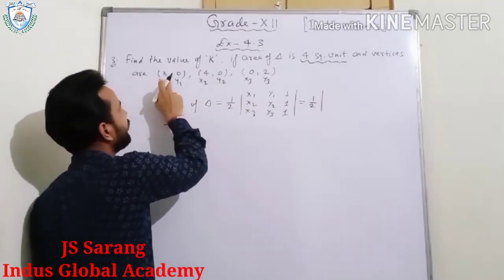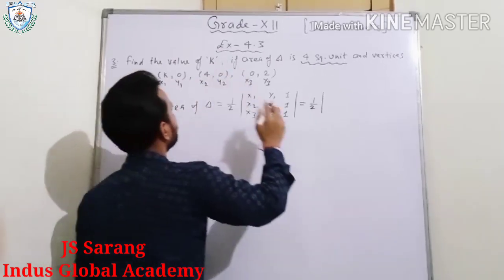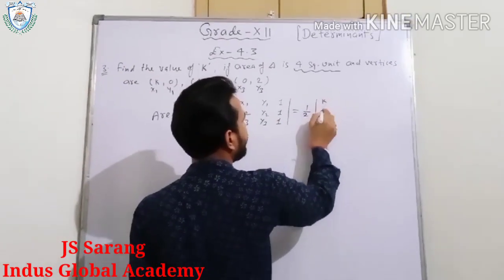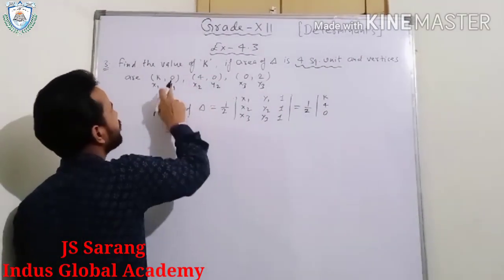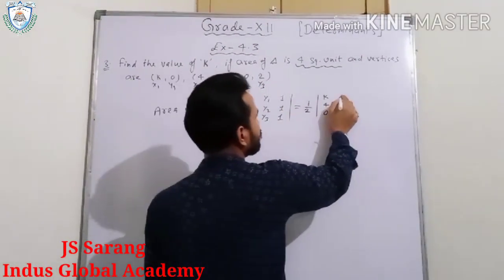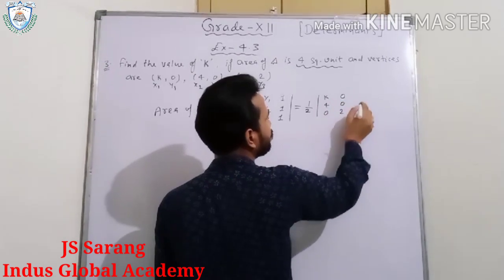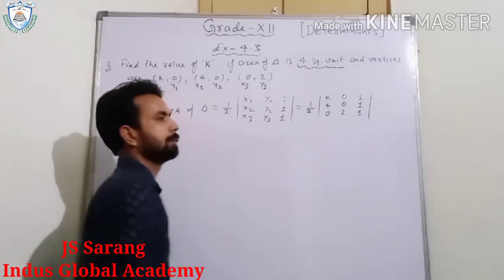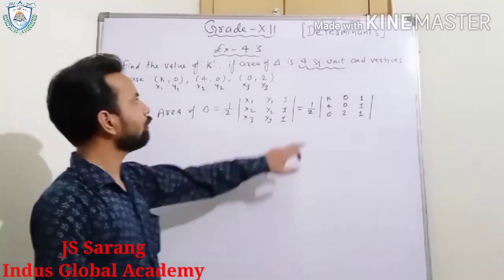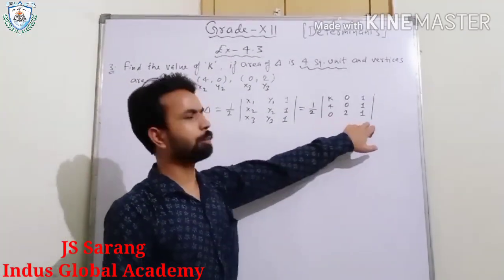So x1 is k, x2 is 4, x3 is 0. So k, 4, 0. Then y1, y2, y3: 0, 0 and 2. And the third column will be 1, 1, 1. This. Clear? Now we will solve this determinant.